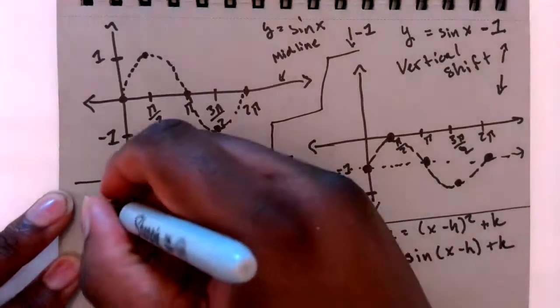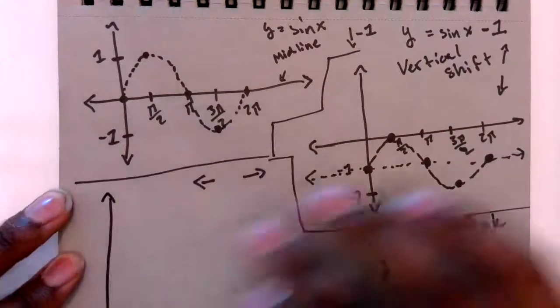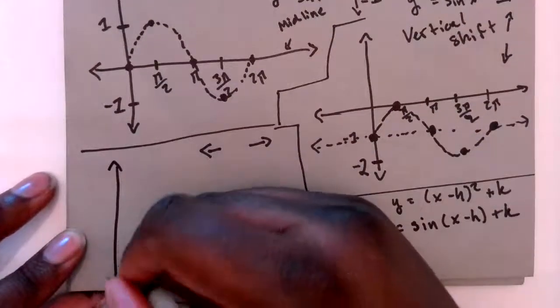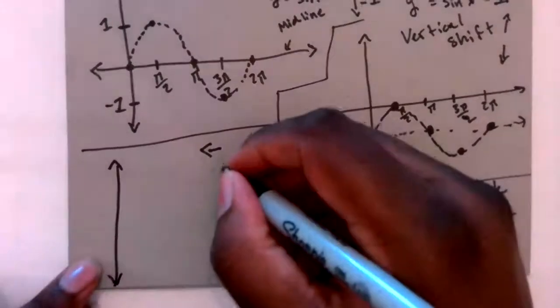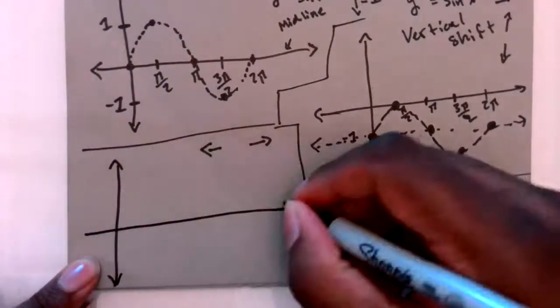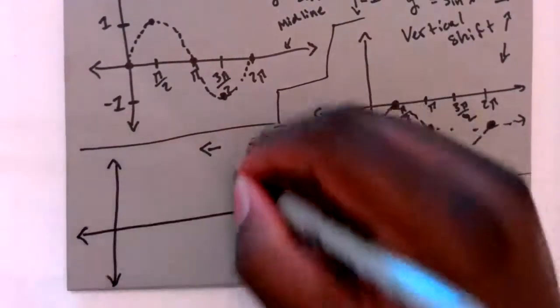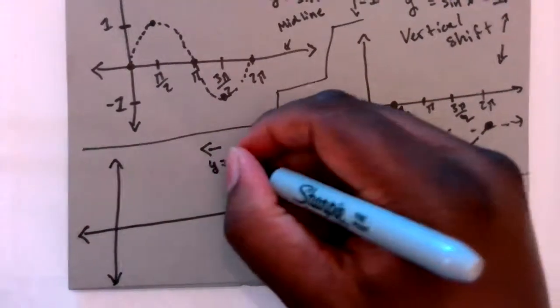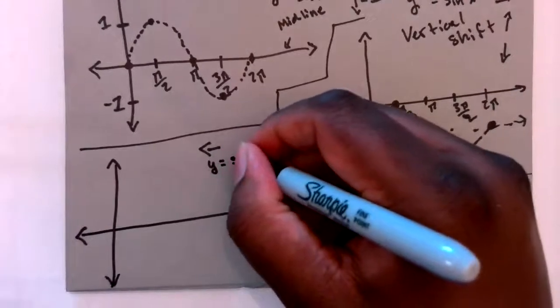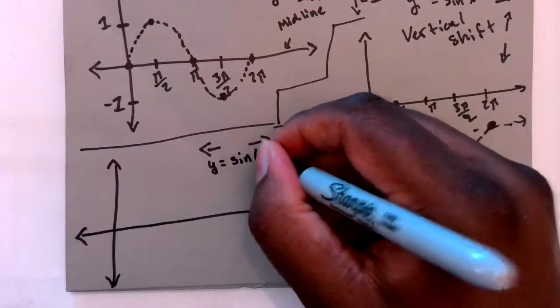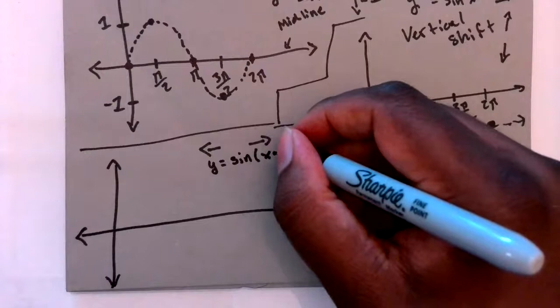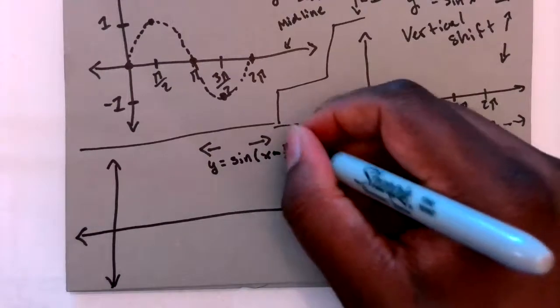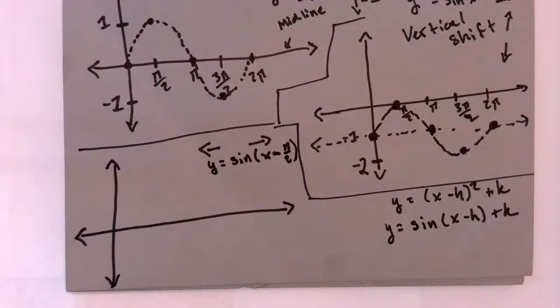Let me bring this up just a little bit. This will be y equals sine of x minus pi over 2.